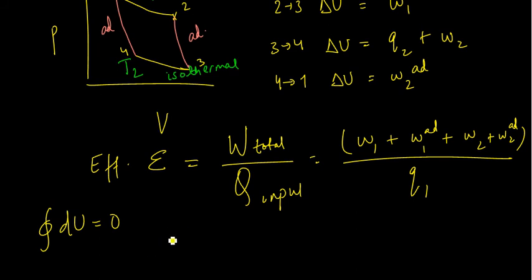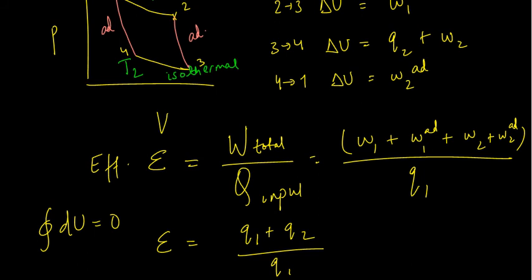So straight away I could just write that the efficiency epsilon is equal to minus of Q1 plus Q2 by Q1, or if I don't want the minus sign with the efficiency, then what I can do is put a minus sign over here, because that's more correct.